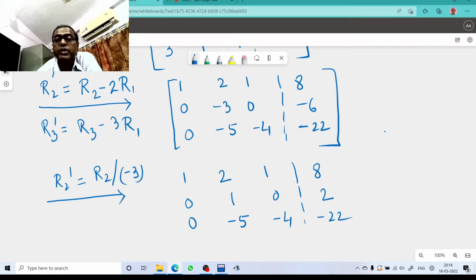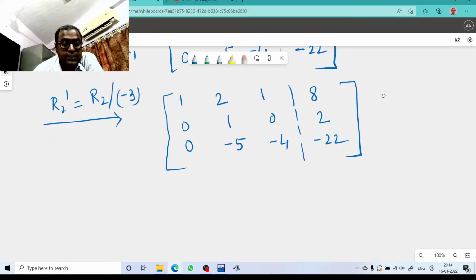So in this 2, 2 position, we get the element 1. Next target is the 3, 2 position and 1, 2 position to become 0.